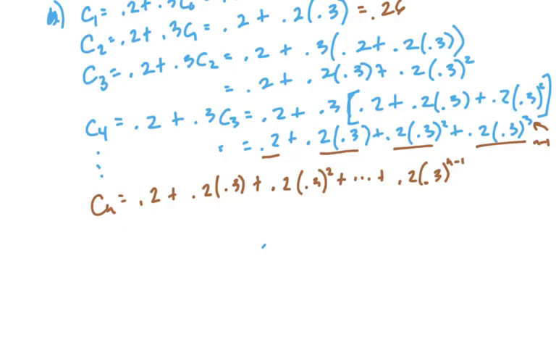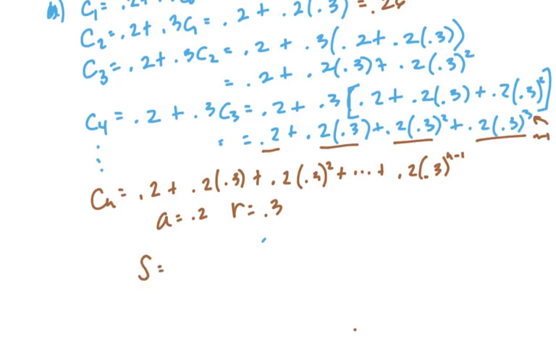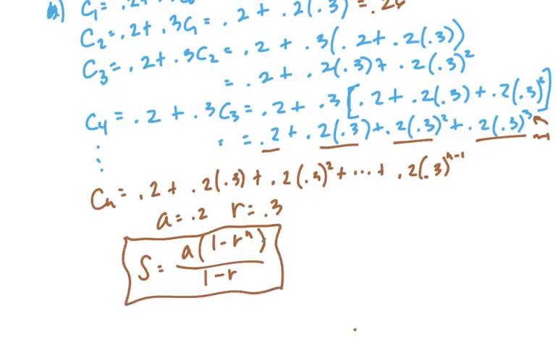But we know here that A is 0.2 and R is 0.3. So we can find a finite sum. But we have a formula. We have a formula for the partial sum of a geometric sequence, and it says S equals A times 1 minus R to the n over 1 minus R. This is our formula for a partial sum.